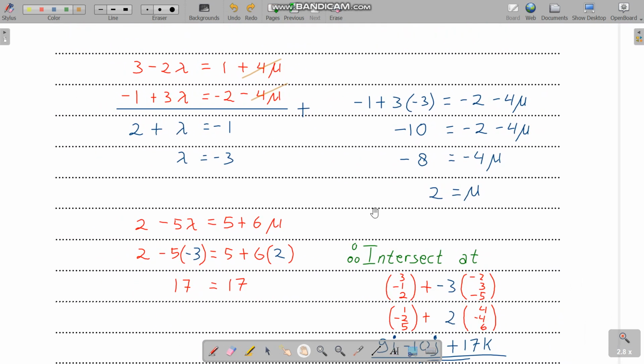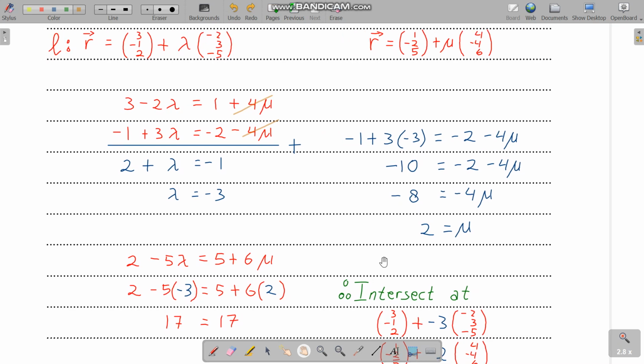So remember, we have to check using the third component. So we use 2 minus 5 lambda on the left, and on the right 5 plus 6 mu, to check we have the right lambda and mu for the point of intersection, or whether they intersect or not.